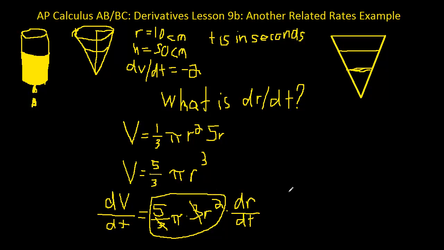So now let's go ahead and move it over. So now we can say dr/dt equals dV/dt divided by 5 pi r squared.